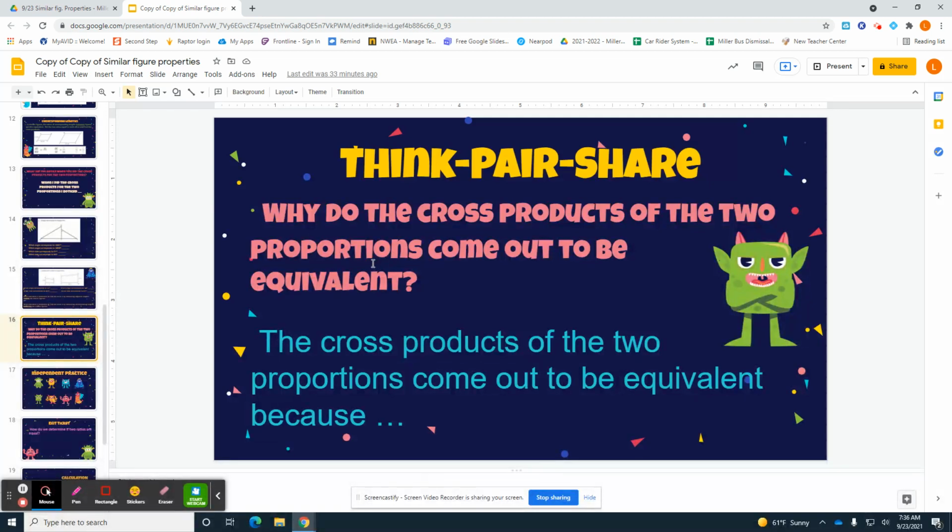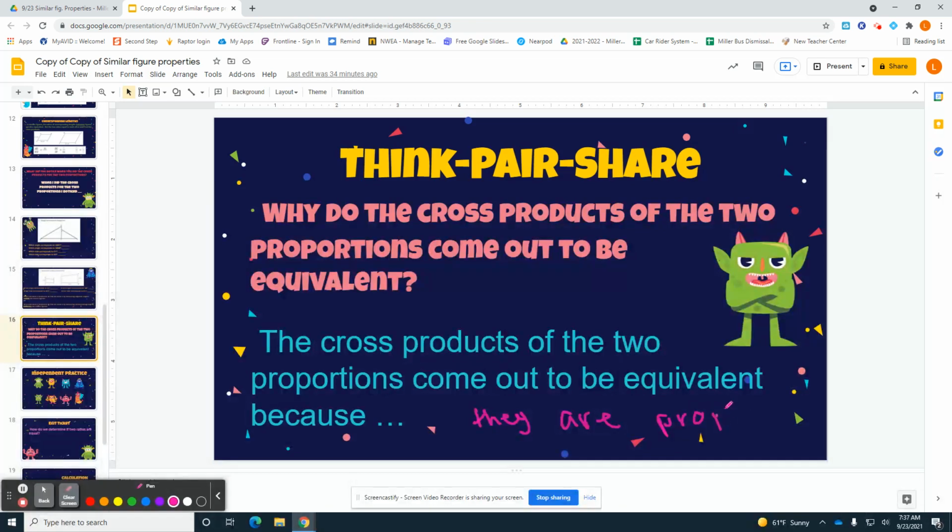Now the pair share: why do the cross products of the two proportions come out to be equivalent? The cross products of the two proportions come out to be equivalent because, okay, finish that question out. All right, and if you say they come out to be equivalent because they are proportional, you are correct.